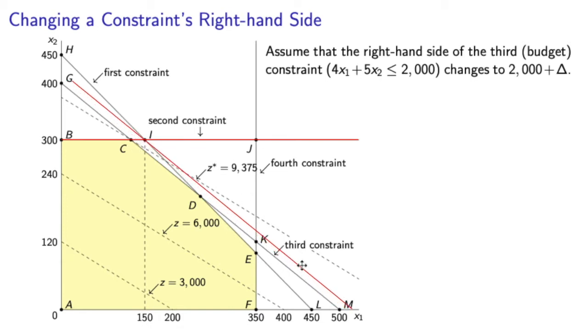So let's say at this point C converges to I, and C and I will have the same coordinates, and both C and I will be optimal at this point. And you see, in this case, we have three of the defining lines intersecting at this point. So this is the case of what we call degeneracy, right?